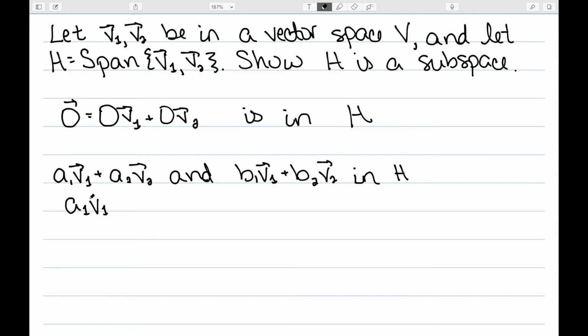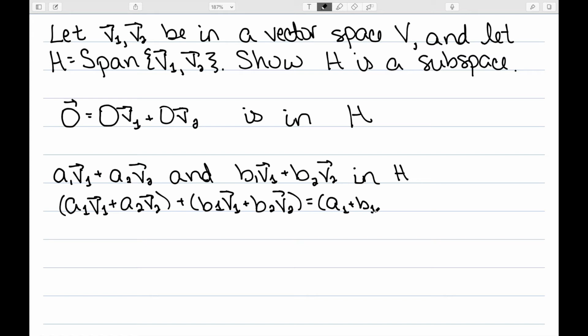So I have a1 v1 plus a2 v2 plus b1 v1 plus b2 v2. I can regroup these. I'm going to write them as (a1 plus b1) times v1 plus (a2 plus b2) times v2. Well, this thing right here is in H, since I multiplied each vector by a scalar and then added them up. That is the definition of being in the span.